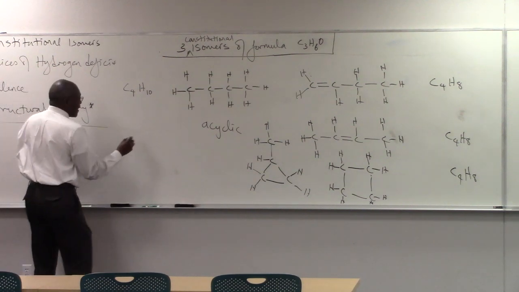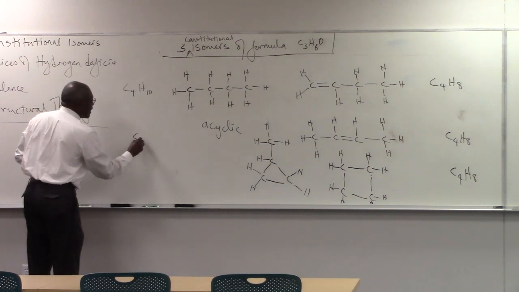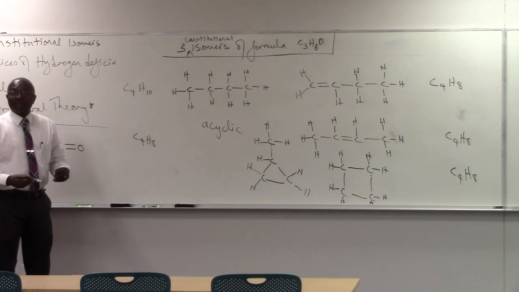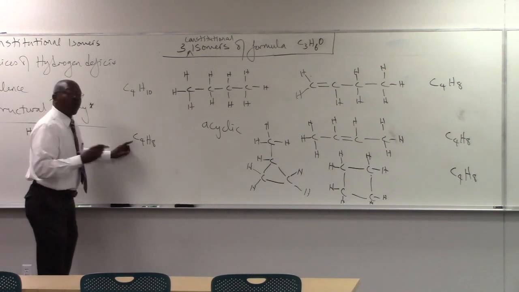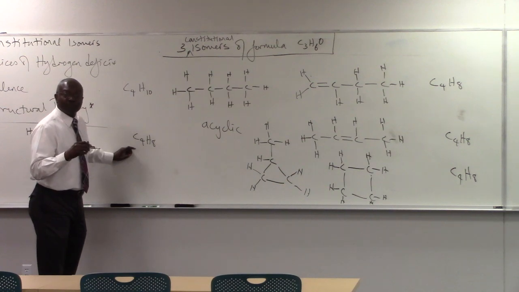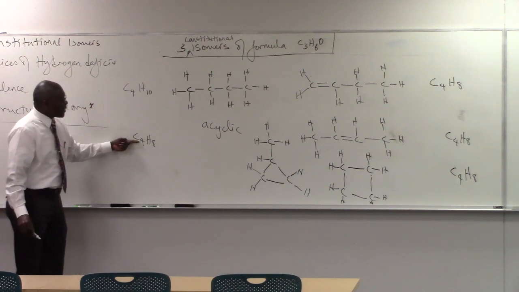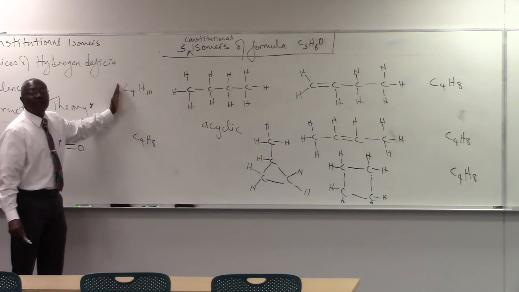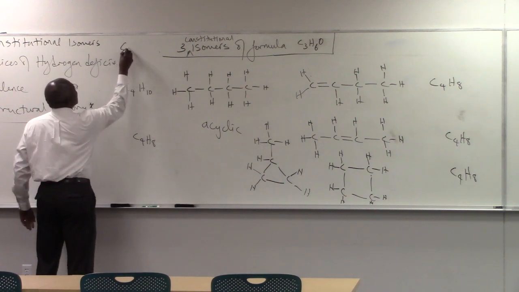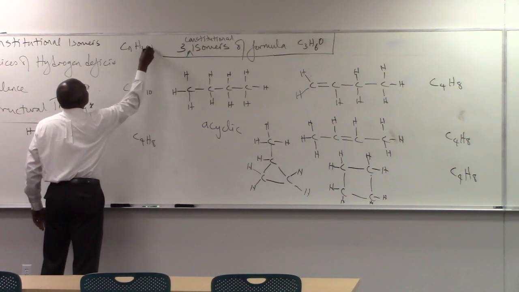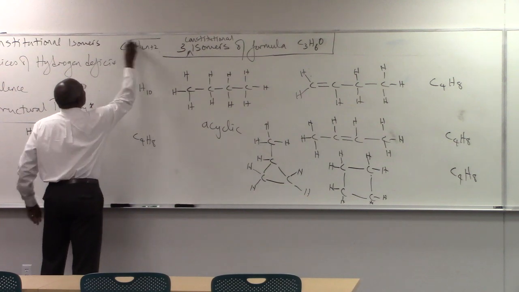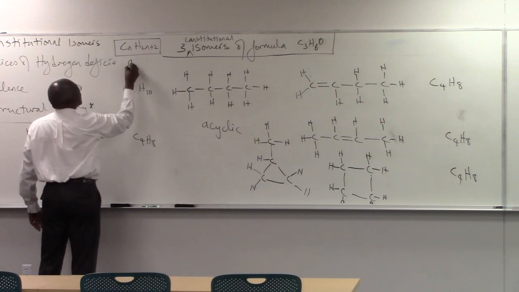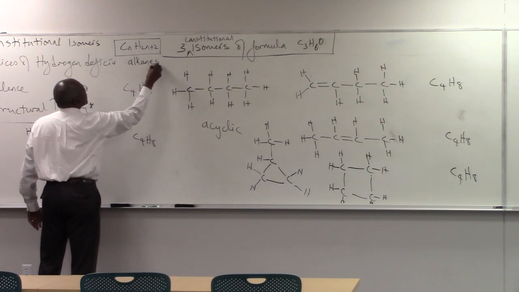So if you give me a formula of C4H8, and you tell me draw an isomer of that, the first thing I'm going to do is say, well fine, what is my index of hydrogen deficiency? I'm going to compare C4H8 to the corresponding formula, which is CnH2n+2. CnH2n+2 is the generic formula for a class of compounds which serve as my reference.